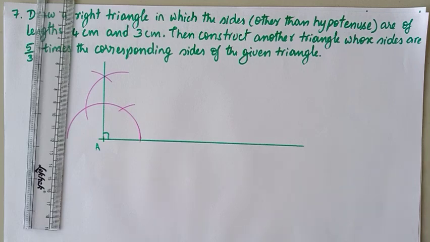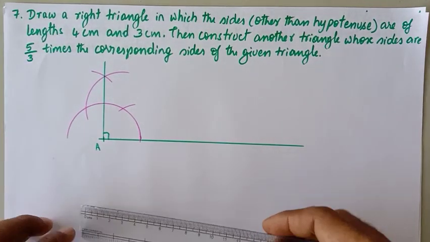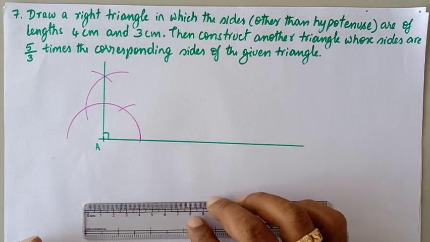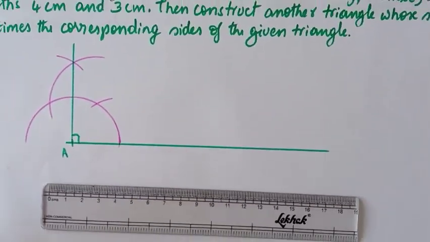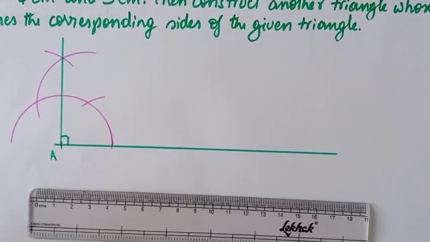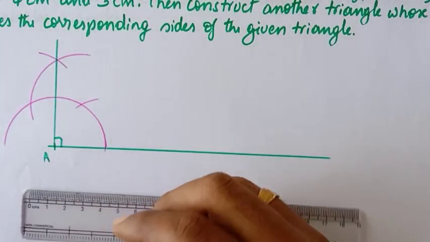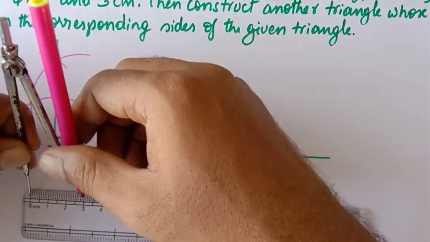And then afterwards, we can adjust our protractor such that it measures 4 centimeter.